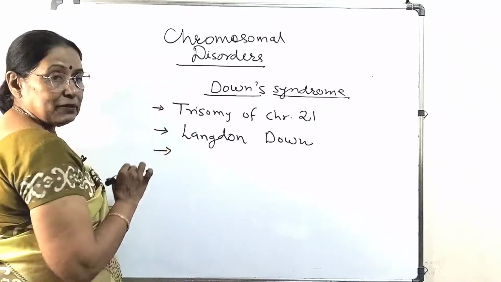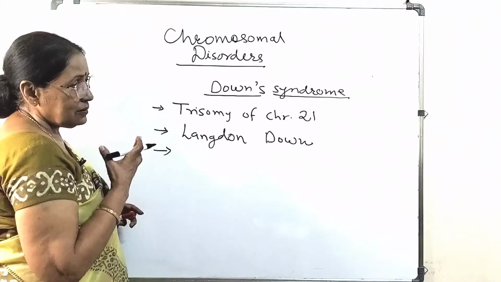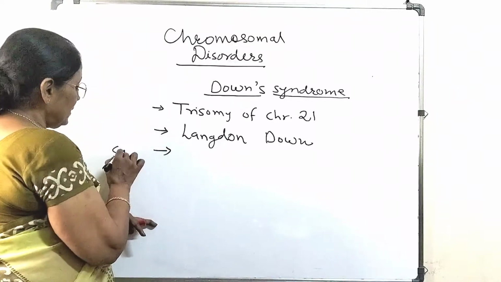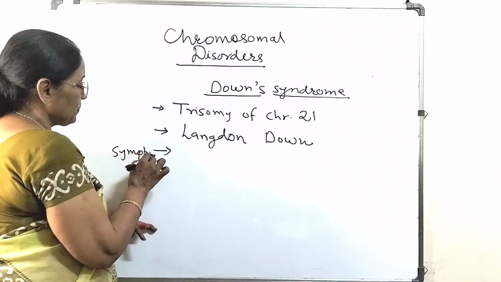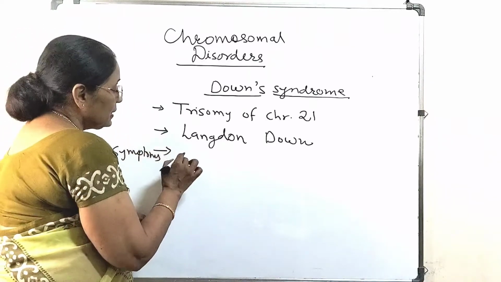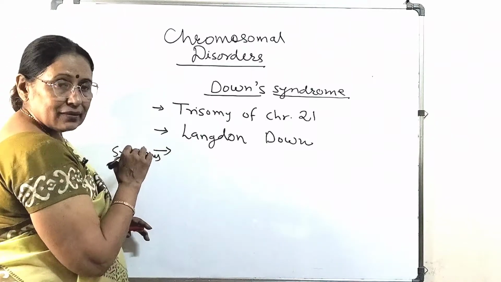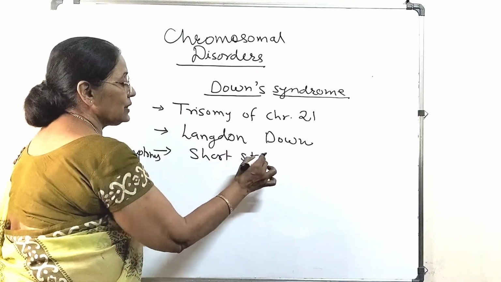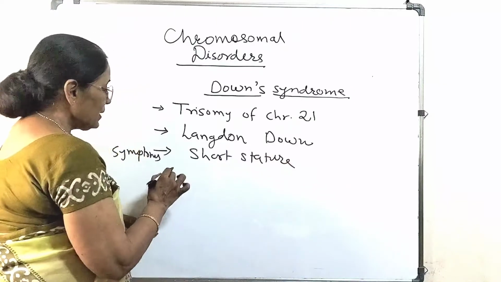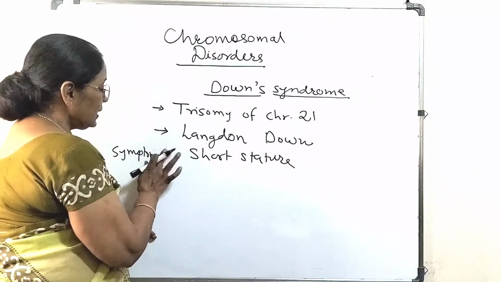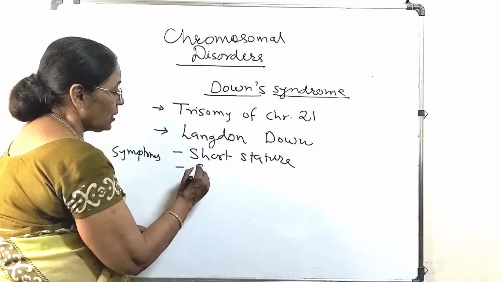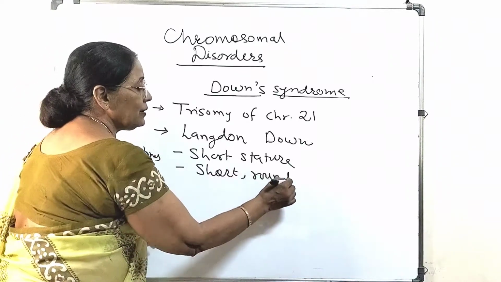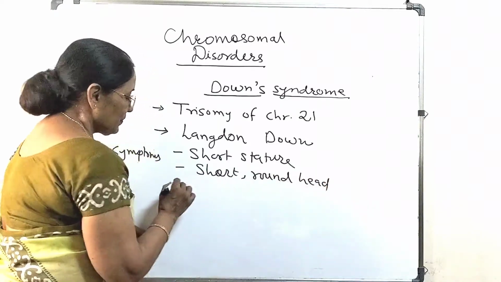And the various symptoms of this disease are: the affected person has a very short stature, छोटा सा कद होता है, लंबा नहीं हो पाता. Then it has a short and round head.